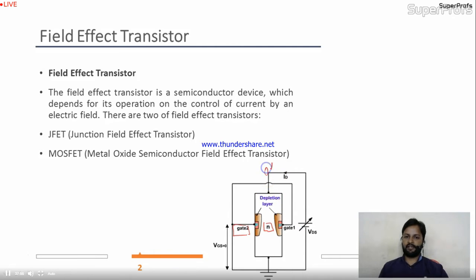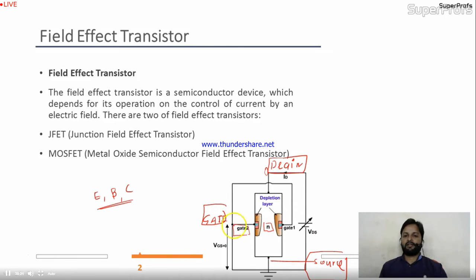This is drain, this is gate, and this is source. Similarly in BJT also we have three things: emitter, base, and collector. Over here also we have drain, source, and gate.